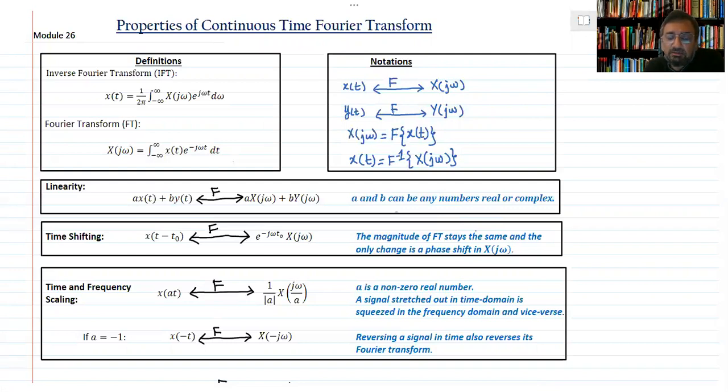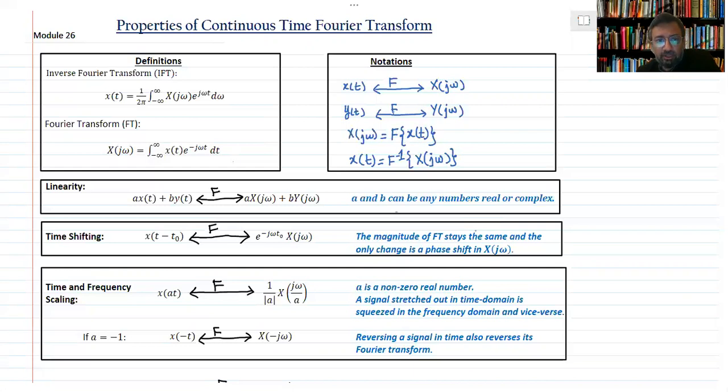The Fourier transform of x(at) is equal to 1 over the absolute value of a, times capital X(jω/a), where a is a non-zero real number. Once again, we are not going to do the proof, and we can easily prove this property by making a substitution, for example, τ equal to at in the Fourier transform equation.